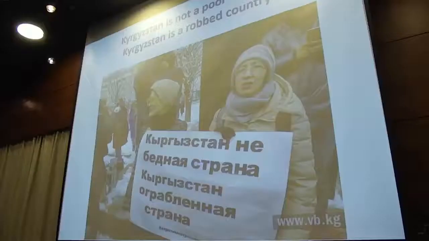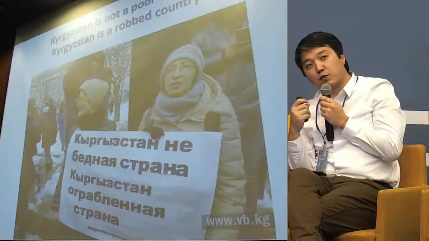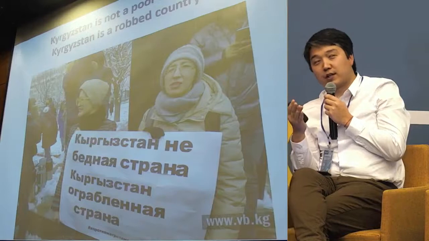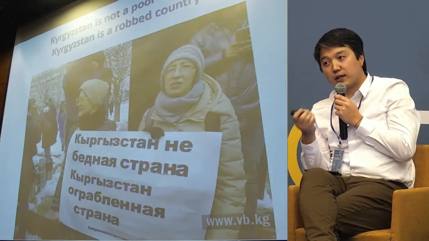In this photo, you can see that 6 days ago, I participated in a peaceful meeting in Kyrgyzstan. It was related to corruption in the customs area. And you can see that this banner says Kyrgyzstan is not a poor country, Kyrgyzstan is a robbed country.